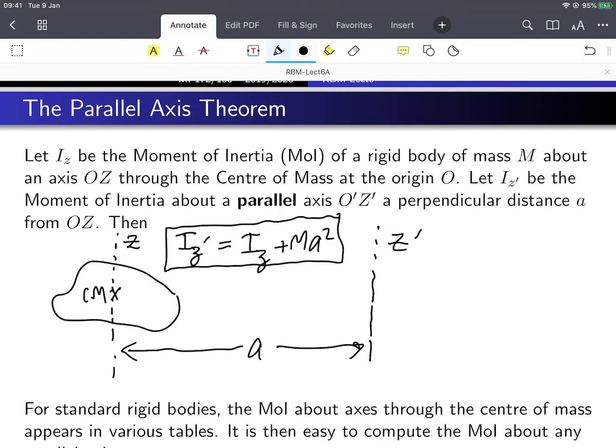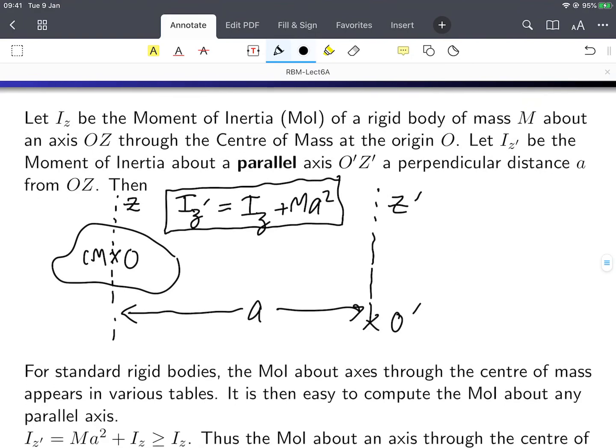Let's read what's written. Let Iz be the moment of inertia of a rigid body of mass m about an axis going through the center of mass. Let Iz prime be the moment about the parallel axis. So there's an origin O here, and another origin here, O prime, Z prime, at perpendicular distance A. Then Iz prime equals Iz plus Ma squared, as I just wrote.